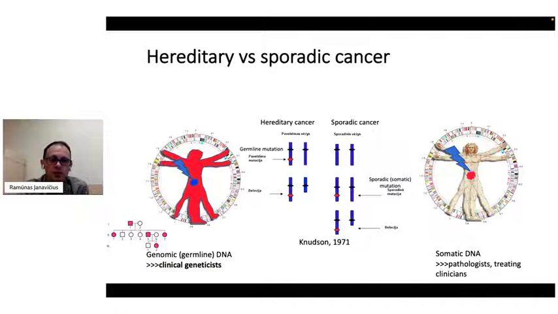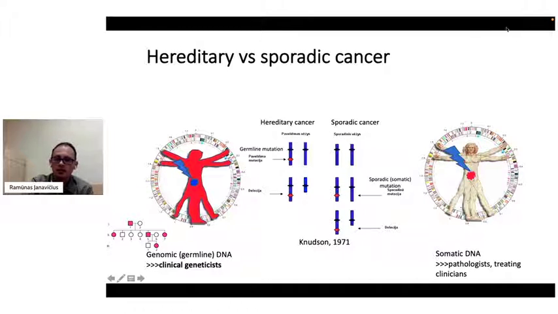And here we test so-called genomic or germline DNA. So traditionally we use leukocyte DNA or saliva DNA, and since we are dealing with inheritance, here we come in as clinical geneticists in this field.